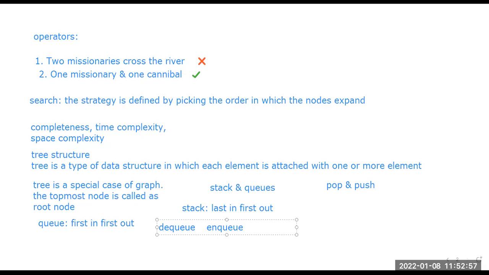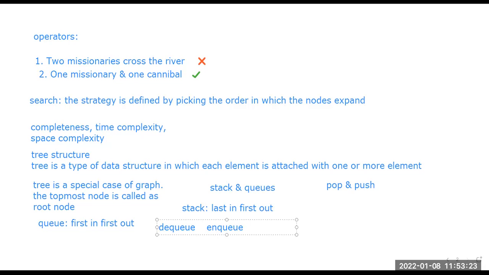DQ is an operation that removes an item at the front of the queue, and NQ is an operation that adds an item to the rear of the queue.